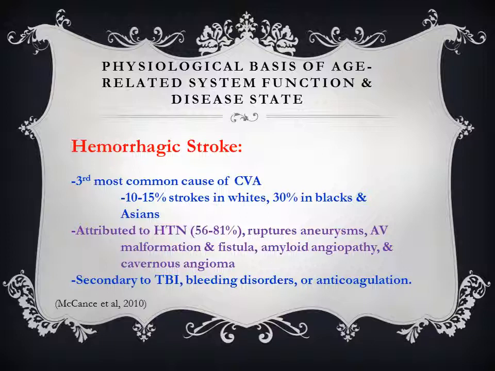The most common causes are hypertension, where patients have this 56 to 81% of the time, ruptured aneurysms, arteriovenous malformation and fistula, amyloid angiopathy, and cavernous angioma. It can also occur secondary to traumatic brain injuries, bleeding disorders, or anticoagulation.